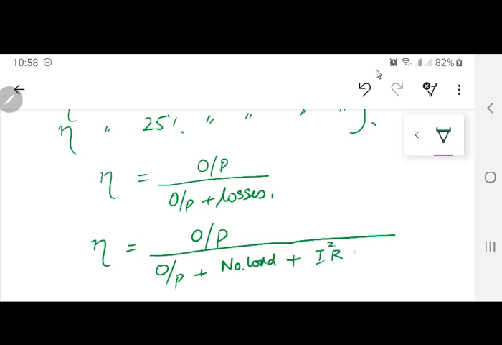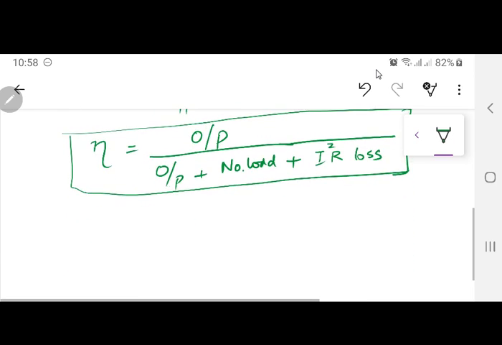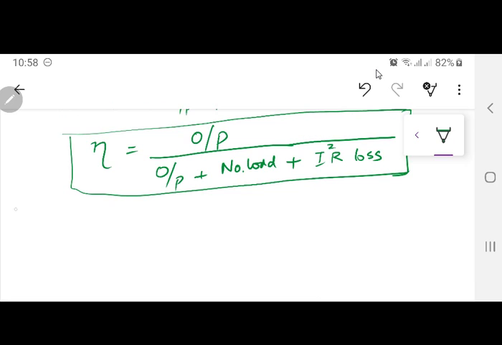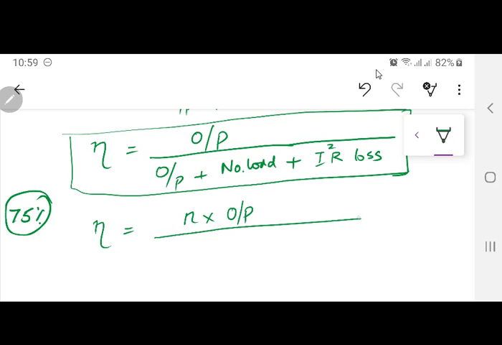Now whenever you are talking about the loading of the transformer, you have to make some change in this formula. Supposing you are working at the transformer at 75% of your load, this formula will change into N multiplied by the output over N multiplied by output plus the no load loss, which will remain the same, plus N square multiplied by the copper loss, or I square R loss.